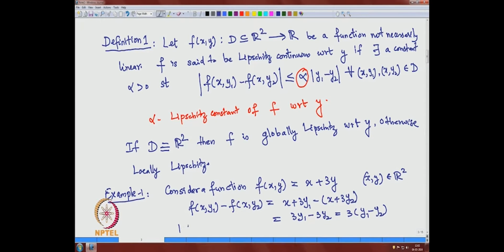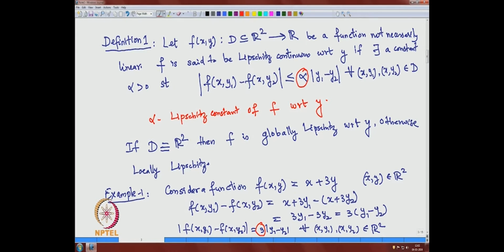So, therefore, modulus of f of x y1 minus f of x y2 is equal to 3 times modulus of y1 minus y2 for all x y1 and x y2 in R2. So, this shows that f is Lipschitz with Lipschitz constant 3.